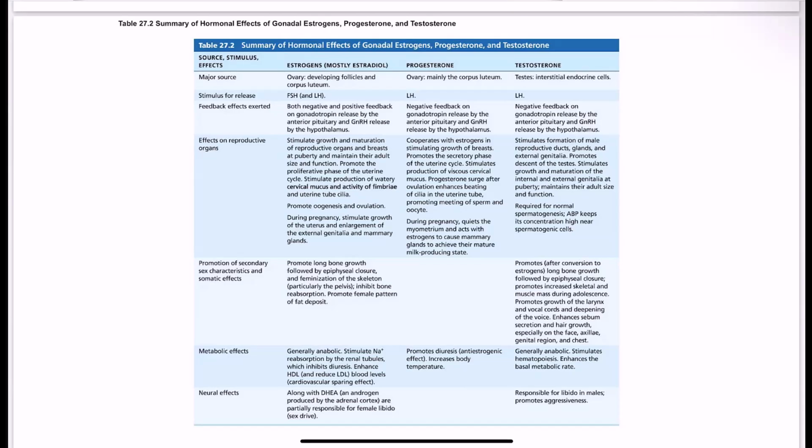So estrogens and progesterone do a lot of secondary sex characteristics.